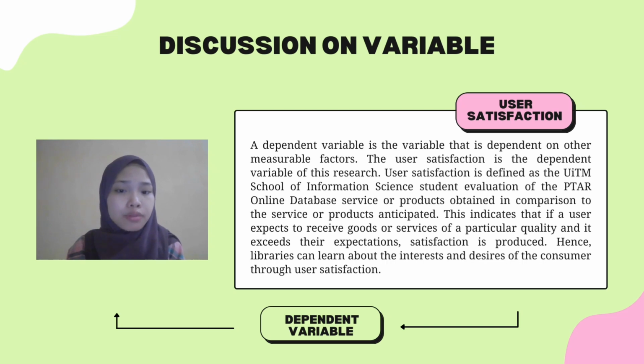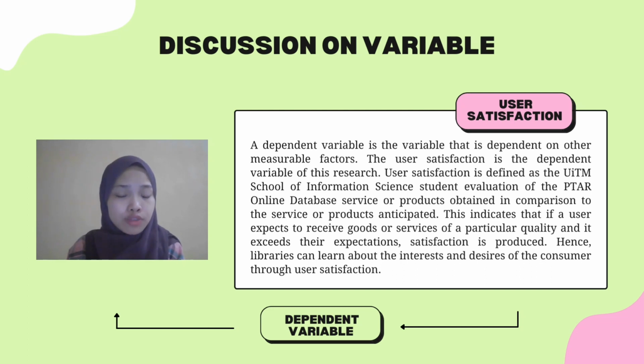Meanwhile, the satisfaction a person gets from accomplishing a goal or obtaining a desire or need is known as satisfaction. Thus, user satisfaction is the dependent variable in this research, which can be described as a metric that measures a company's consumer level of satisfaction with its goods, services, and abilities.